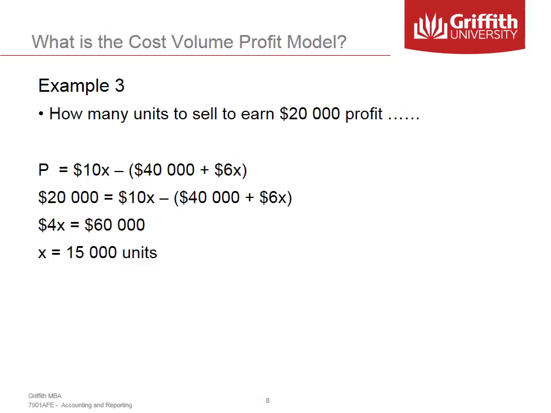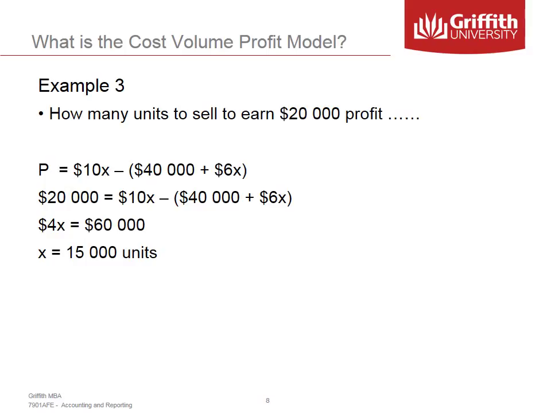Another question that we're likely to ask of this CVP model: how many units must we sell to earn $20,000 of profit? Now, in the previous example, example 2, we asked how many units in order to break even, and break even, as we know, is $0 of profit. Here the question is $20,000 of profit. How many units must we sell?